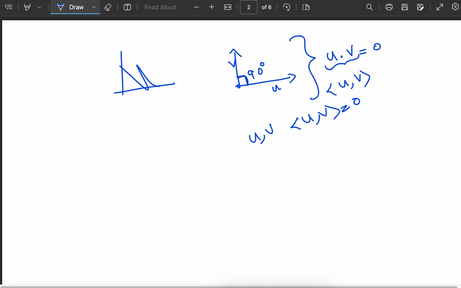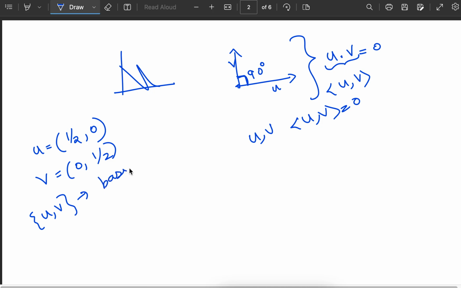Now we need to check whether they are orthogonal or not. So here we consider one vector u = (1/2, 0) and another vector v = (0, 1/2). We can easily verify that the collection {u, v} is a basis of R².